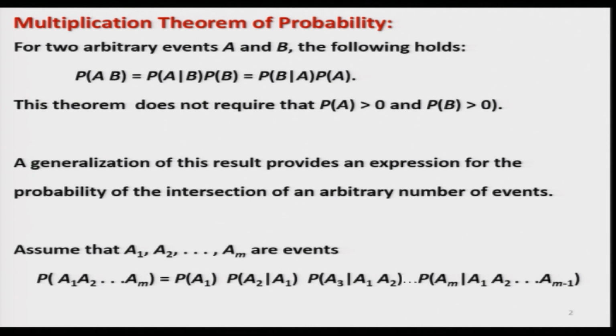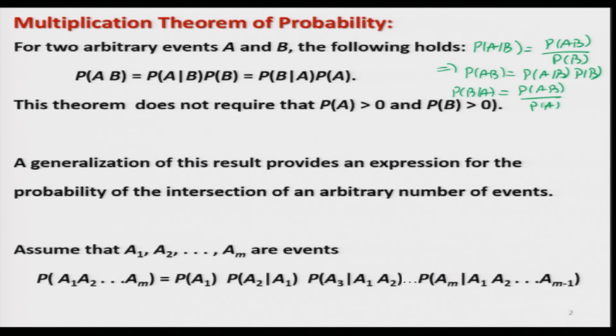So now you know that in the last lecture you did the conditional probability of A given B, which is equal to probability of AB, that is A intersection B, divided by probability of B. So this implies that probability of AB is equal to probability of A given B into probability of B. And if you interchange this and take probability of B given A, this will become probability of AB upon probability of A, because probability of A intersection B and probability of B intersection A are the same thing.